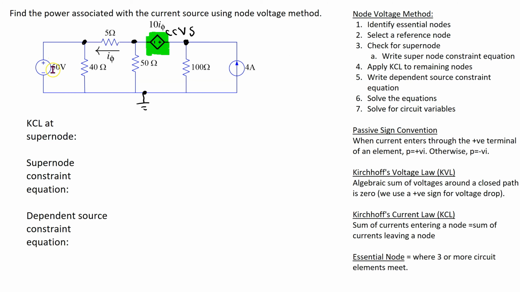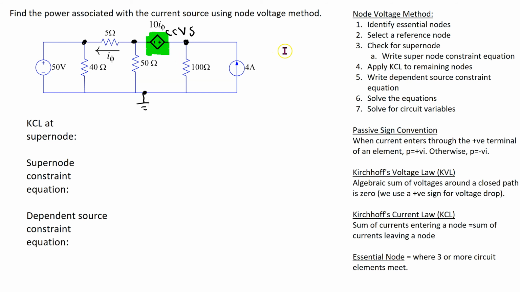If we look at this independent voltage source, this is connected between the reference node and this essential node. So this voltage source does not cause a supernode, but this dependent voltage source is connected between two essential nodes. So this dependent source will cause a supernode.